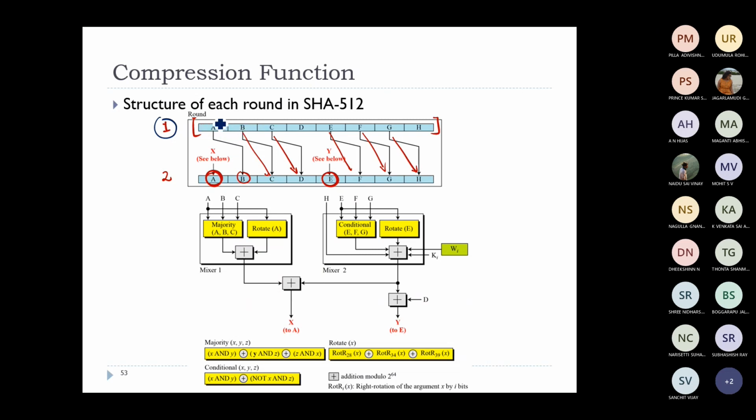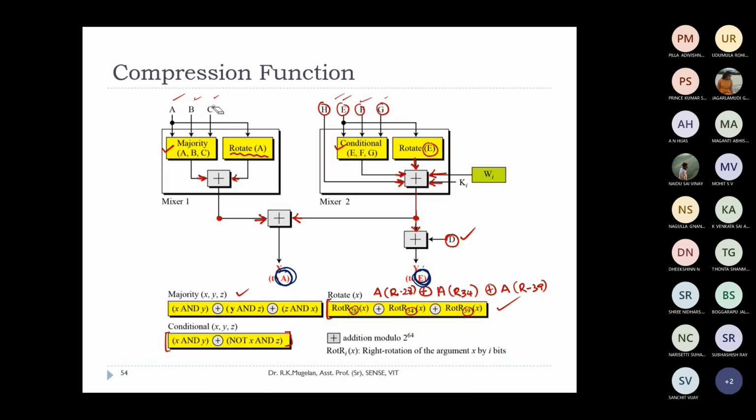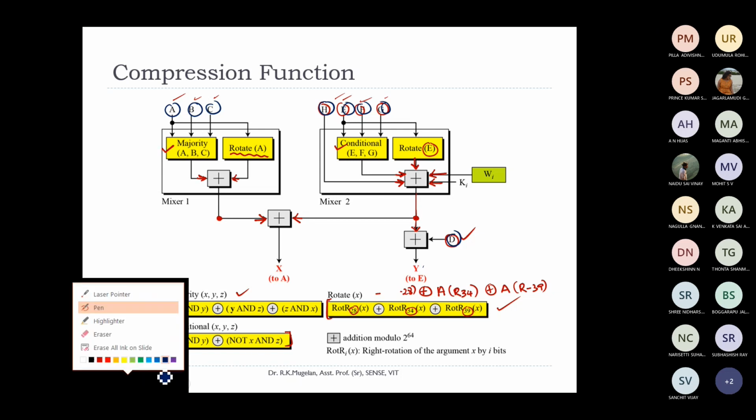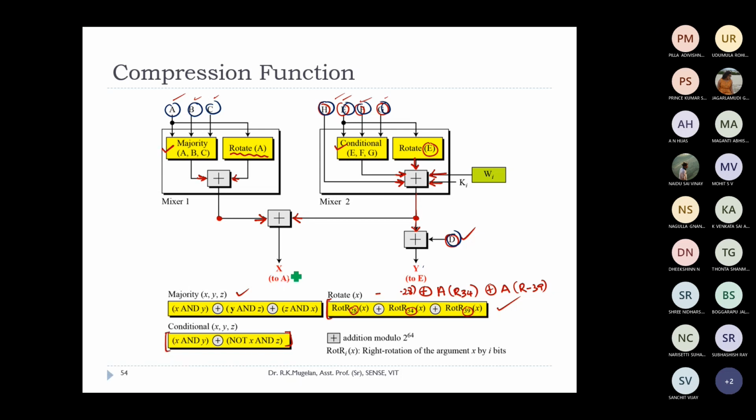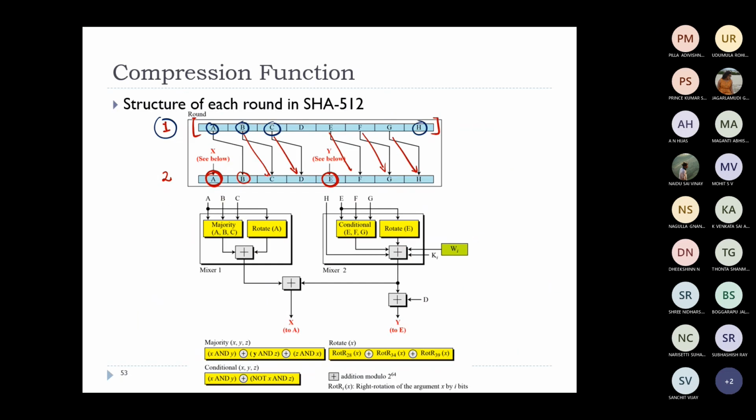These are the round one values A, B, C, D up to H, and these values are sitting here. Using these, I am generating the outputs A and E. The value of A is put here and E is put here.